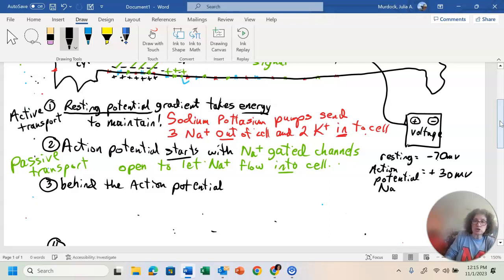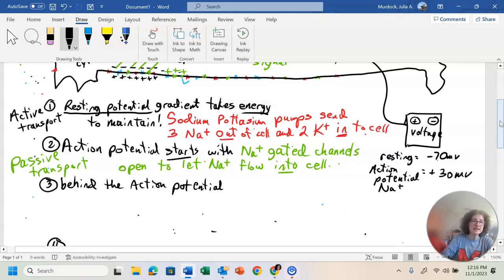And that's due to sodium flow into the cell. All that positive charge coming into the cytosol raises the charge from negative 70 all the way up to positive 30 millivolts, okay? So that's the peak of the action potential. Now the problem is, you can't leave the cell like that because it has to get ready again to receive another signal. You have to reset it. Whatever you do in biology, you have to undo it to get ready for the next thing, right?